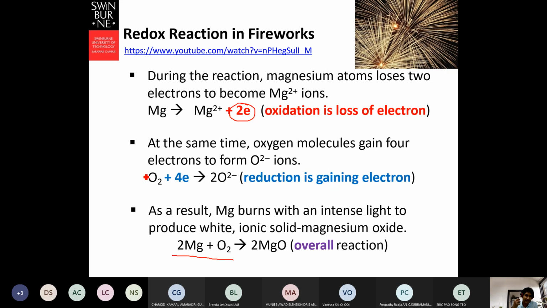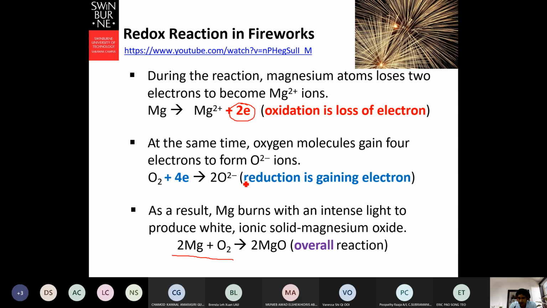Electronegative means it attracts electrons. So when magnesium gives up 2 electrons, oxidation is happening.